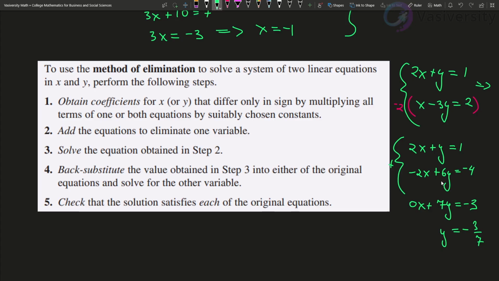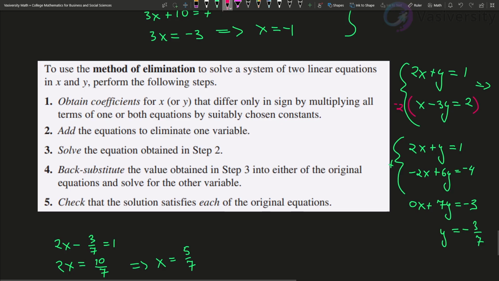Out of the two original equations, I like the first one more, right? So we're going to have 2x minus 3 over 7 is equal to 1. So 2x is equal to 10 over 7, and so that means x is equal to 5 over 7. Perfect. And then we can plug it in and check that that's actually the solution.